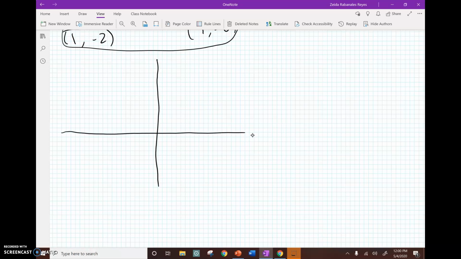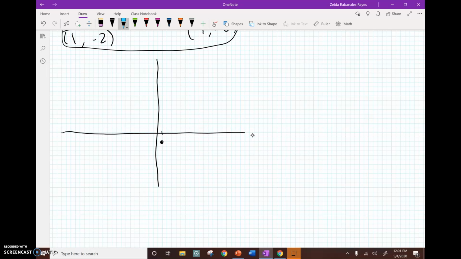You always start with the center. We knew that the center was at 1 comma negative 2. So then my center is there. And then you know that it's a vertical ellipse. So then you start to count. I needed to go up and down with the biggest length. Your biggest length was 16 in total, but you need half and half.